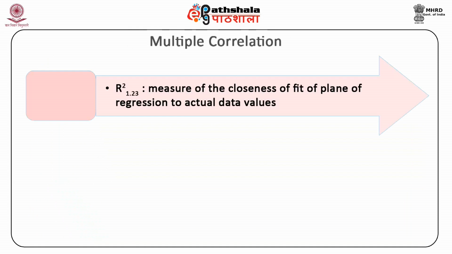The value of R square 1.23 may also be interpreted as a measure of the closeness of fit of the plane of regression to the actual data values.